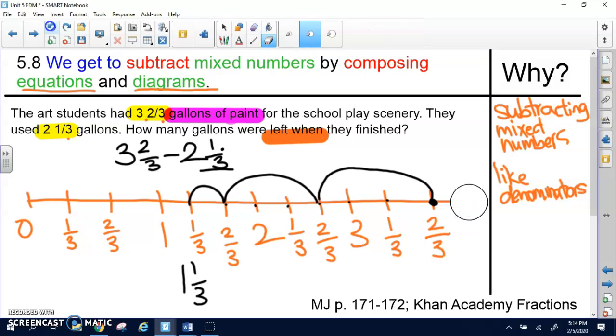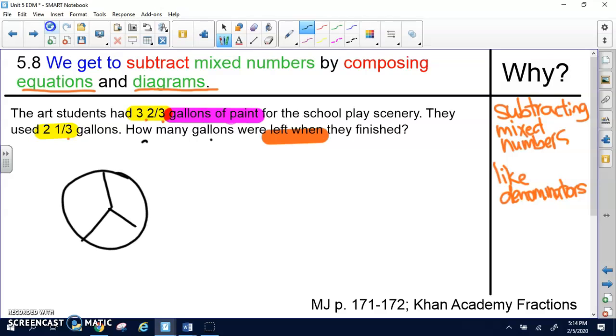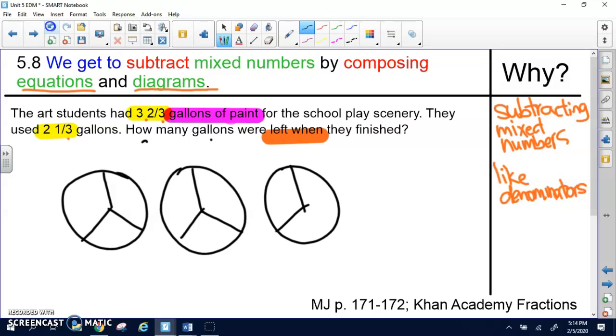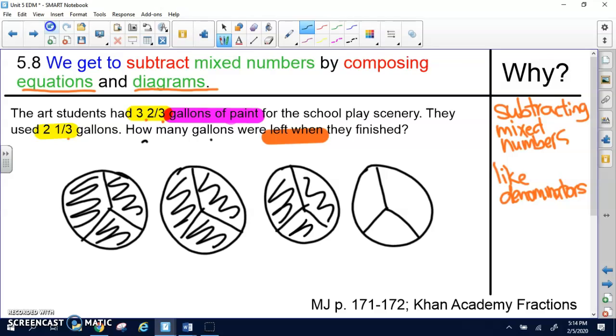Another way to do this is to use diagrams. I know several of you like to work this out. So we're starting with 3 2/3. 3 2/3 is this much, and 2/3.